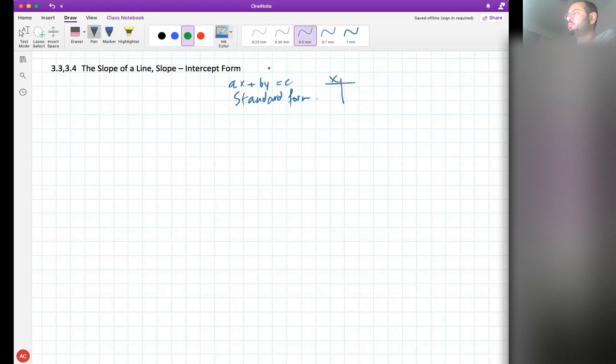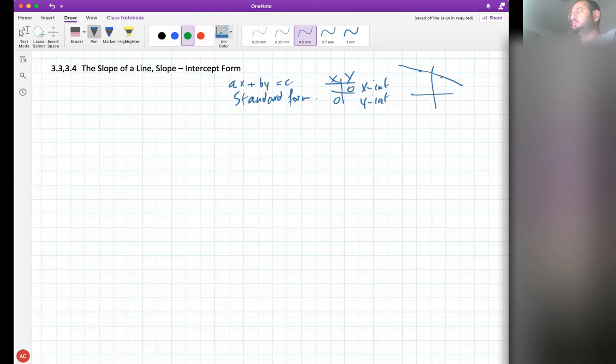So to graph an equation like this, or to solve it by graphing, we had to complete some table like this with what we call the x-intercept and also the y-intercept. And once we complete the table, we put the points on a graph and we draw the line. That's what we've done so far with an equation in this form, which we call standard form.